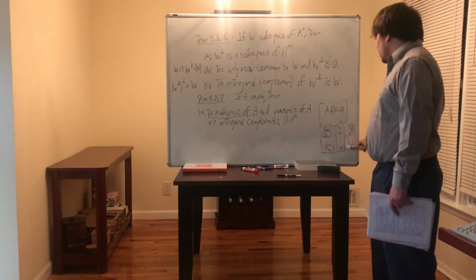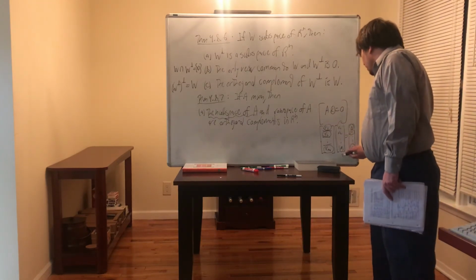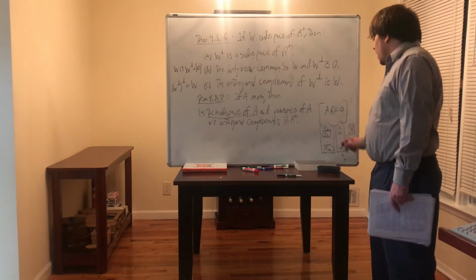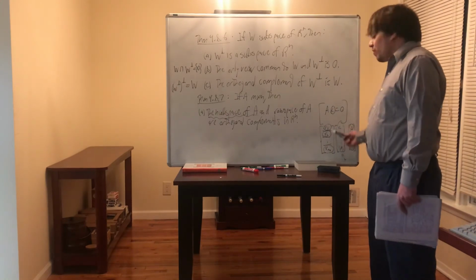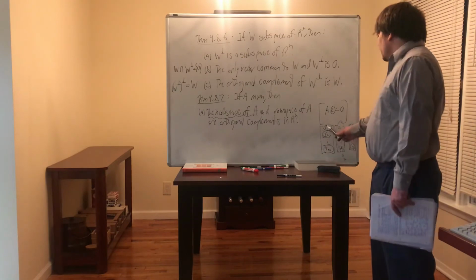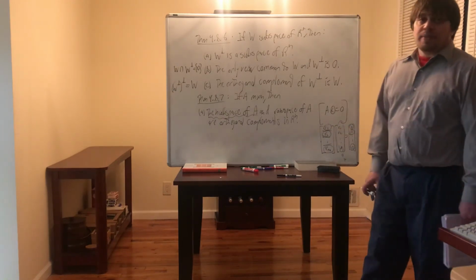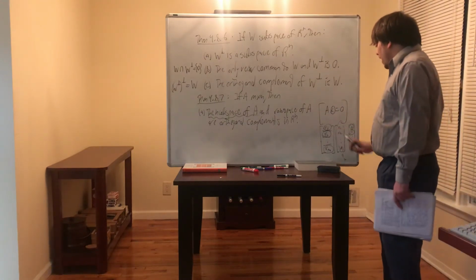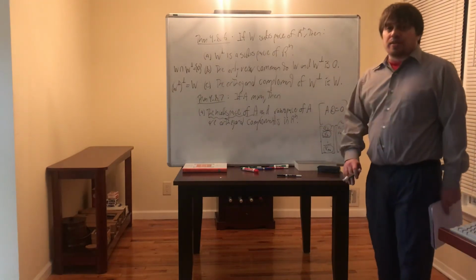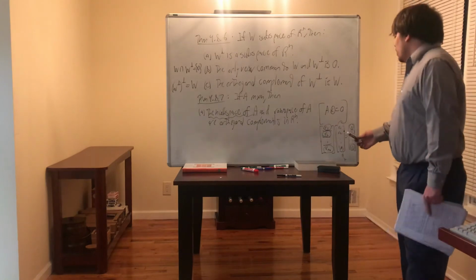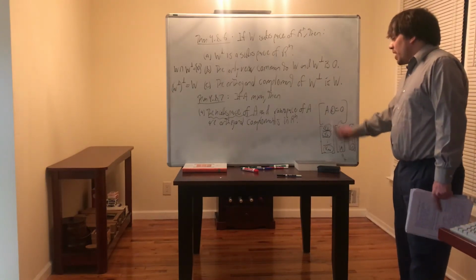This vector x is orthogonal to every row of A, because multiplying this by this is the same as the dot product of a row and x. If the dot product of a row vector of A and x is 0, that means they're orthogonal. So every solution to Ax equals 0 is orthogonal to every row of A.